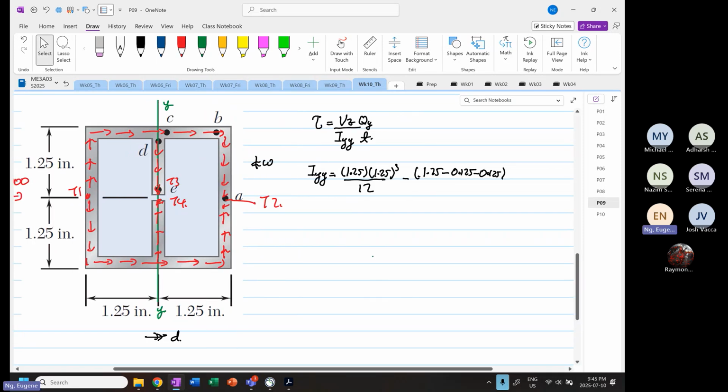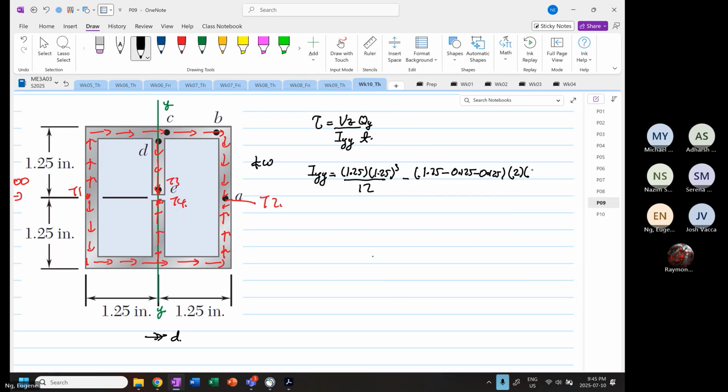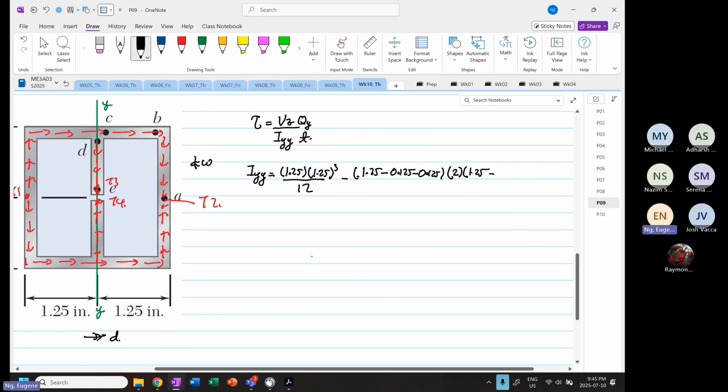And then the depth, 1.25 minus 0.125 minus 0.125, divided by 2, cubed.